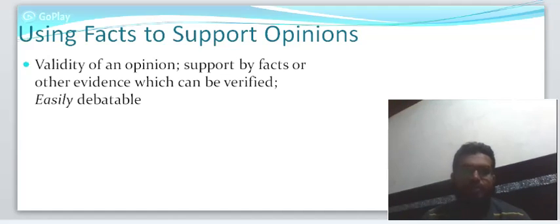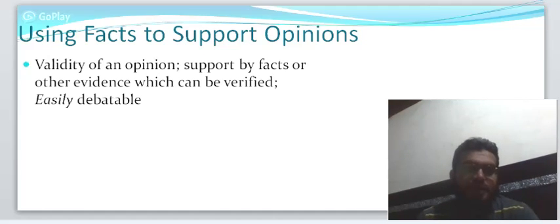It is just one person's perspective. It might be true, it might not be. Depends on how it is supported by facts or other evidence or not. And similarly, an opinion is easily debatable.